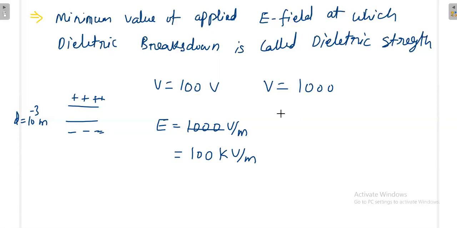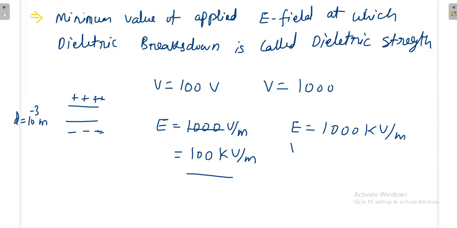If we apply the higher voltage, then the electric field would be 1000 kilovolt per meter. Definitely there will be the breakdown, because the maximum you can apply is 100 kilovolt per meter, but you are applying 1000 kilovolt per meter. Once you apply more than this, definitely there will be the breakdown.